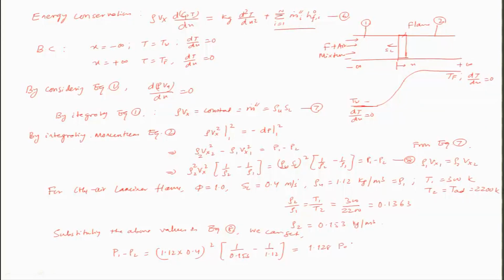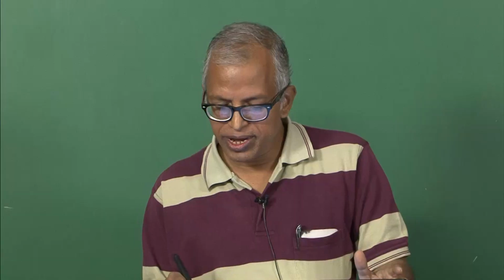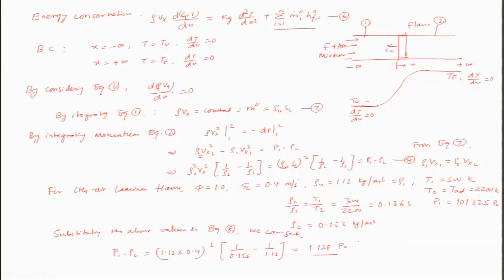And if you look at P1, it is 101,325 Pascal. As compared to P1, the difference P1 minus P2 is very small. If I take higher pressure it may be a little bit more, but however this is very small.